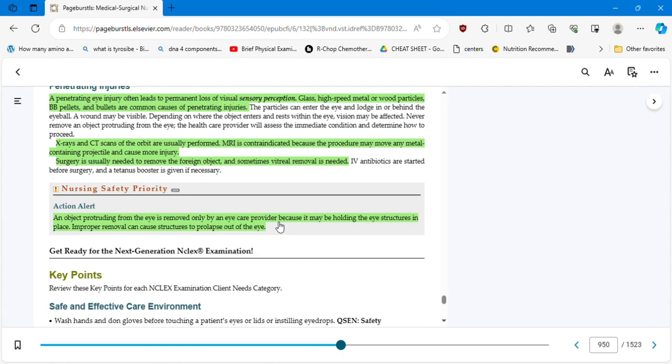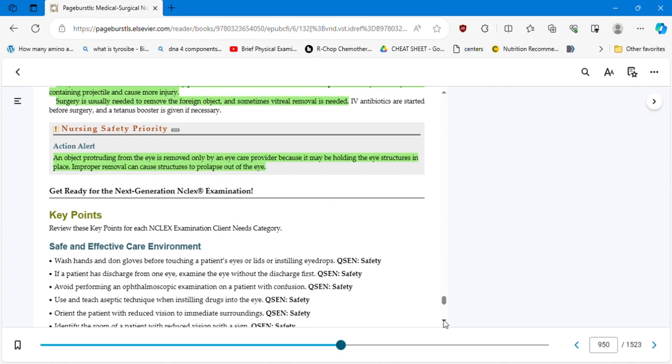They have a specific lens that will allow them to see the diameter of the object, how much tissue is involved, and what part of the tissue. So you don't touch that, because it may be holding the eye structures in place. Improper removal can cause structures to prolapse out of the eye, and it can cause vision loss.